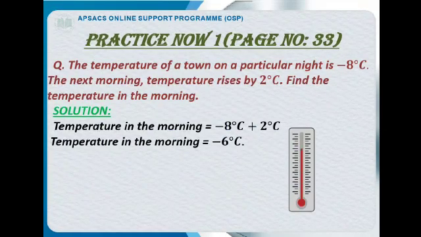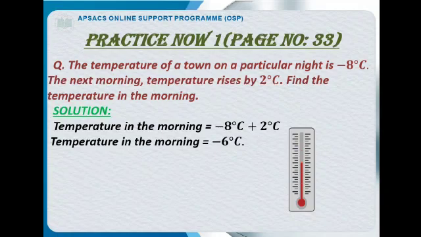So this is the practice now. Now practice now 1 from page number 33, the same page. The question is a very simple question. The temperature of a town on a particular night is minus 8 degrees Celsius. The next morning the temperature rises by 2 degrees Celsius. Find the temperature in the morning.